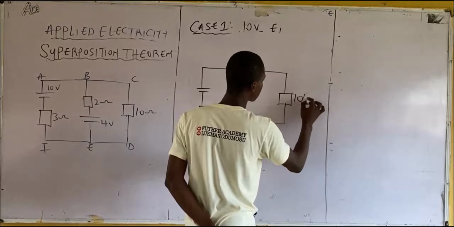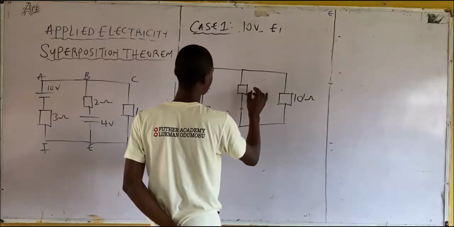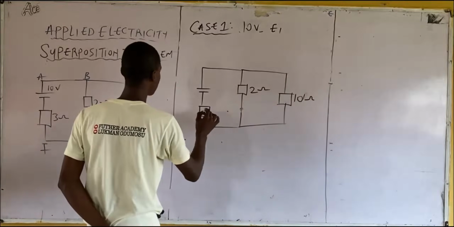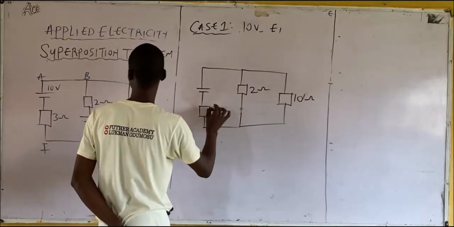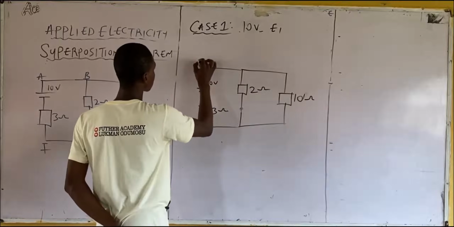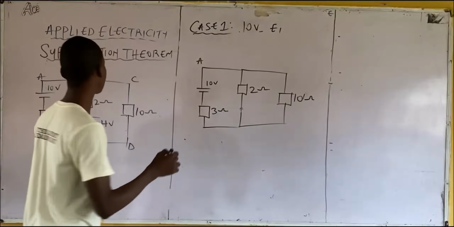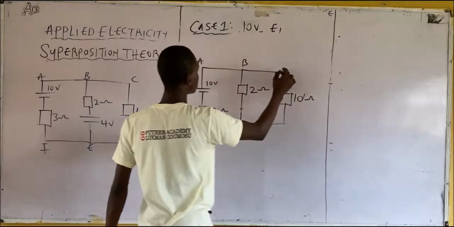This still remains 10 ohms. This is 2 ohms. Then this is 3 ohms. Then this is your 10 volts. Don't forget, always label your circuit diagram for sake of easy calculation.